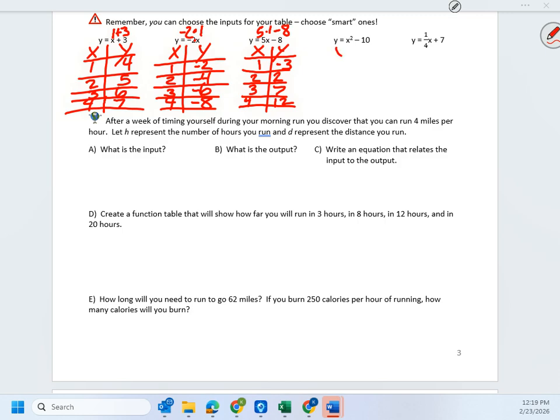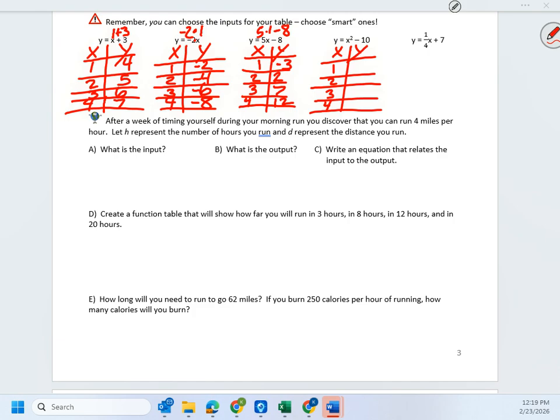Let's look at our next one. I'm just sticking with the 1, 2, 3, 4. When you do your work, you can decide if that's what works for you. If I put a 1 in for my input, what am I going to get for my output?